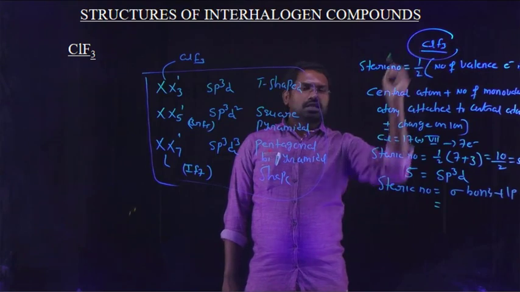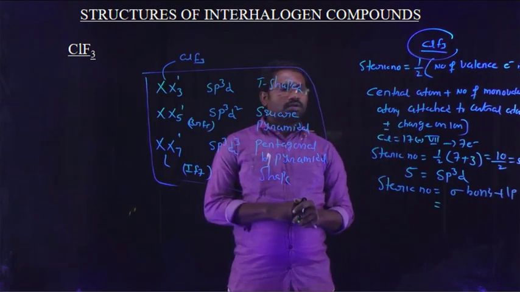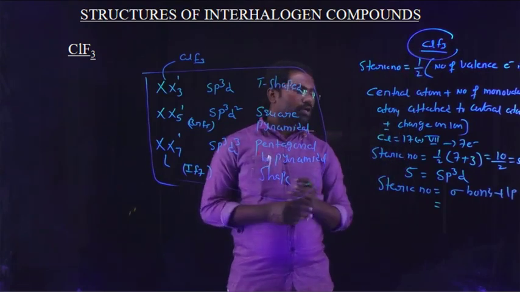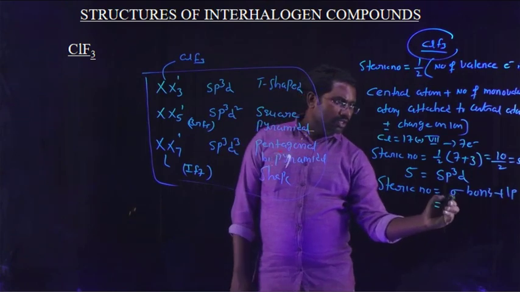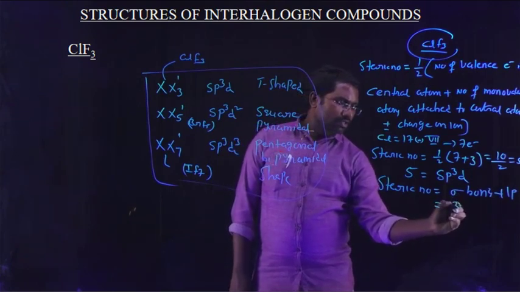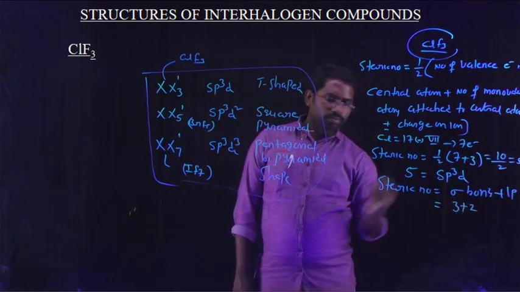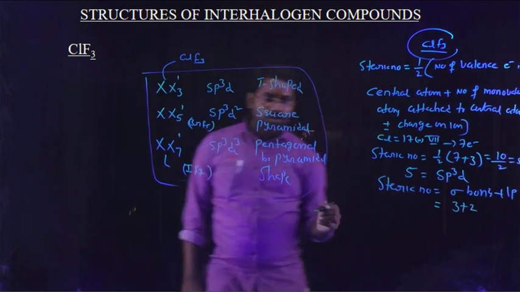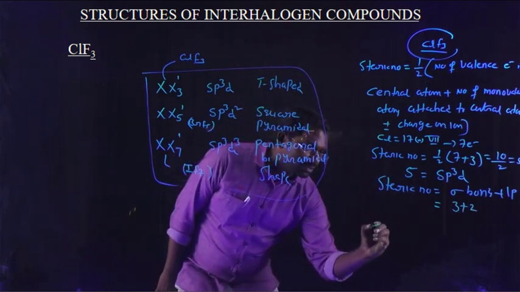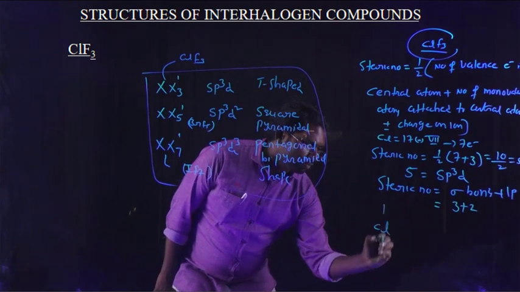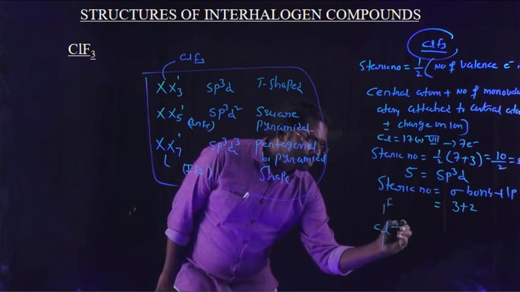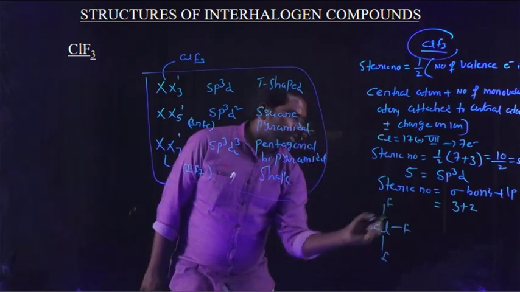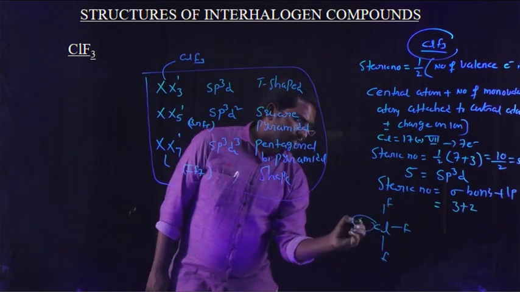Fluorine contains 1 unpaired electron, so it forms 3 sigma bonds with chlorine. Therefore, 3 sigma bonds are present. The remaining 2 are lone pairs. So by using this steric number, we can easily predict the structure of ClF3. Fluorine forms 3 sigma bonds with chlorine, and the remaining 2 lone pairs are present like this.